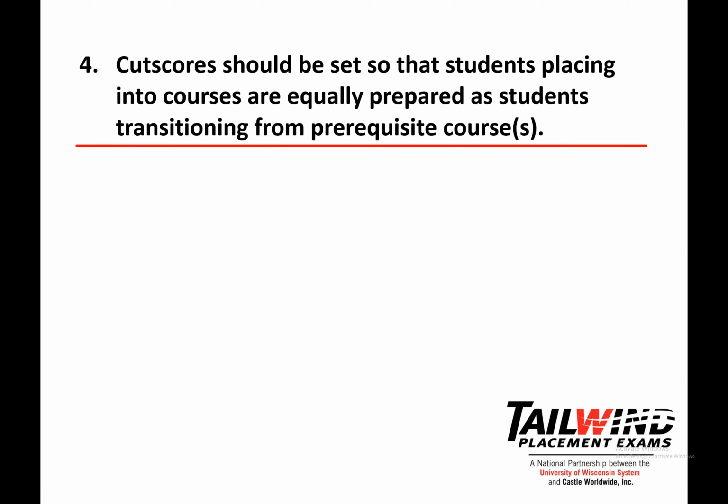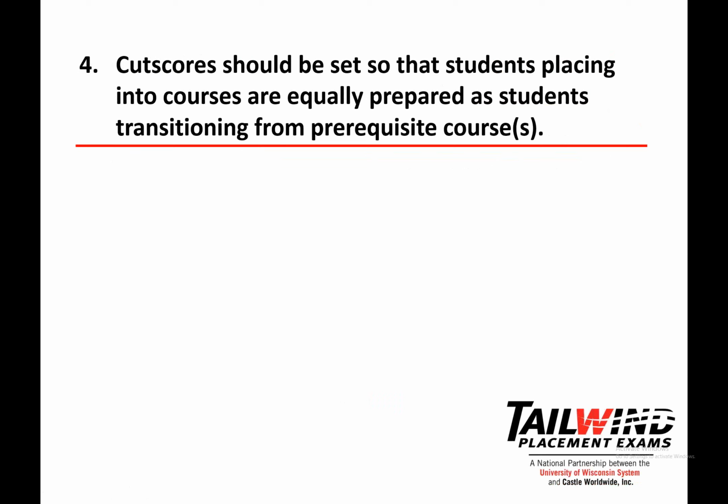So we need to remember that in these courses that we place into in math, in English, and foreign language, there are really two reasons why students are enrolled in a particular course, right? Either they're there because they placed into it, or they're there because they're working their way through the sequence and have most recently completed the prerequisite.